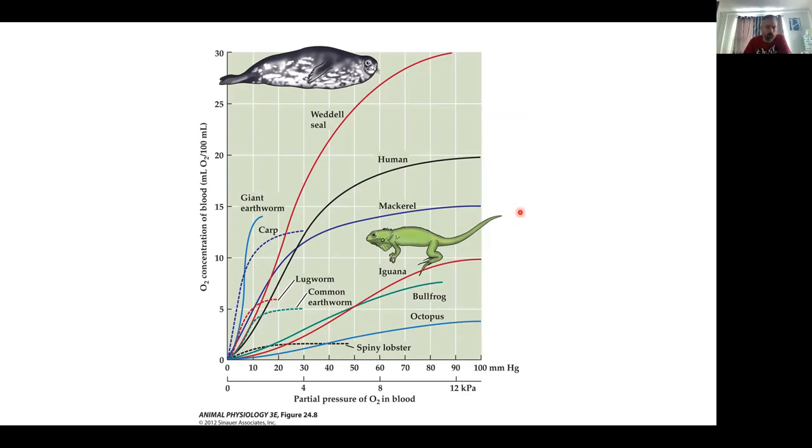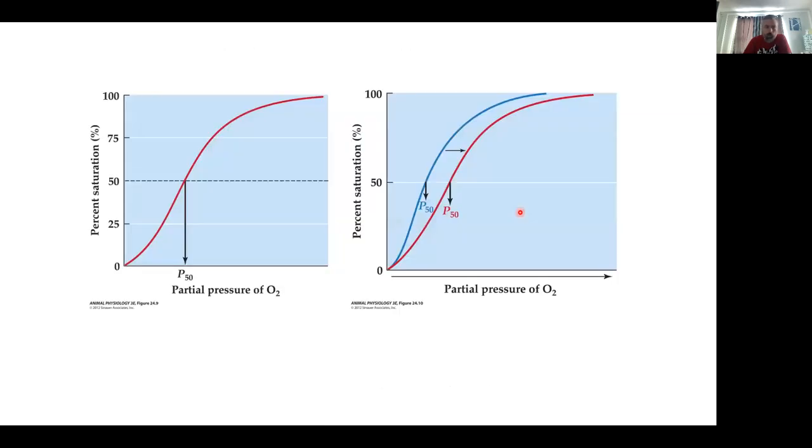The shape of the curve is going to be slightly different depending on what the pigment is. We're going to compare those different curves with something called P50, which is what this is right there. P50 is the partial pressure of oxygen when whatever our pigment is 50% saturated.